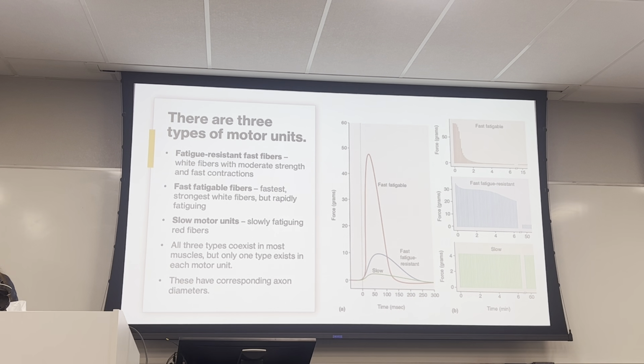Okay, so we have a couple different types of motor units, actually three specifically. This relates to something called white fibers and red fibers, and these are muscle fibers. It's the same idea as on Thanksgiving, do you want light meat or dark meat? We know there's a difference between different parts of the protein.